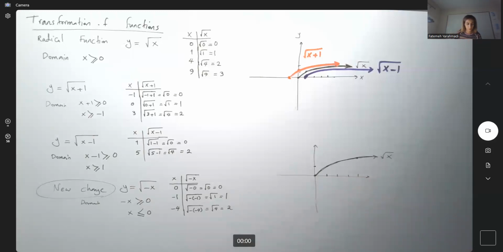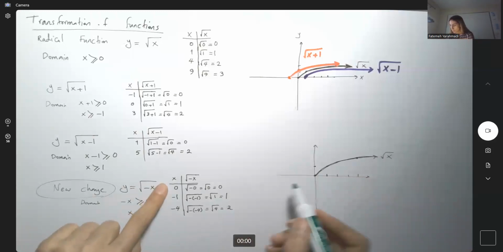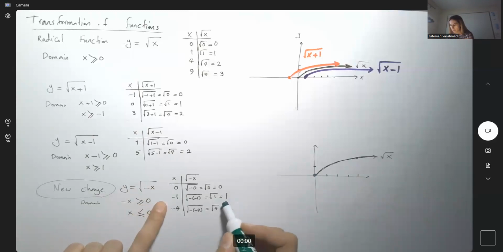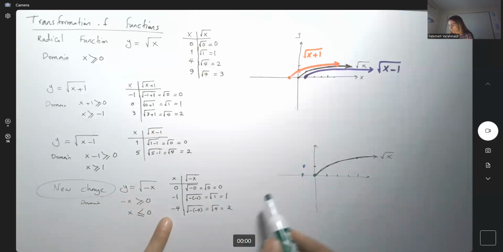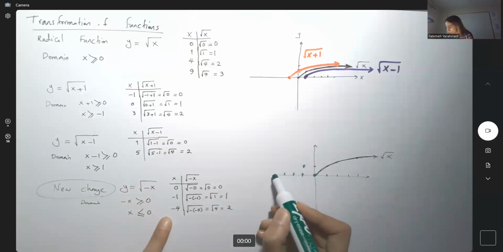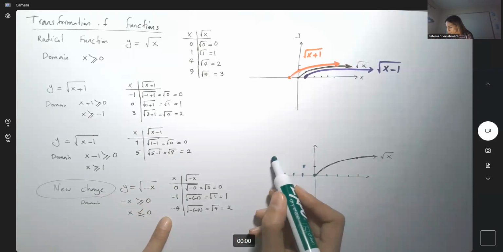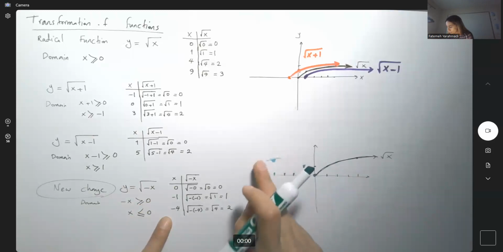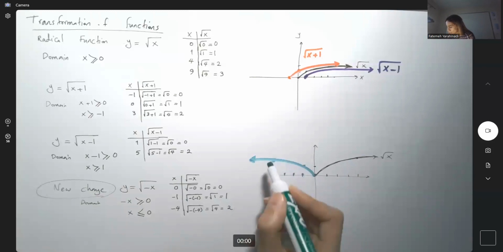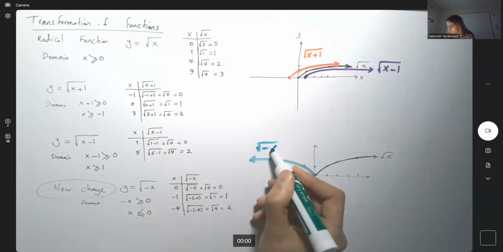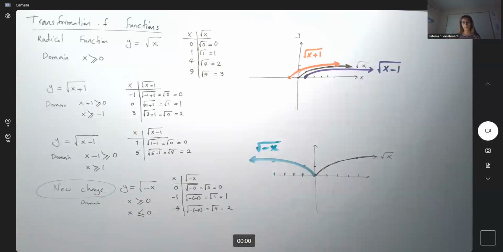And now at 0, I have 0. At negative 1, I have 1. At negative 4, I have 2. Negative 2, negative 3, negative 4, I have 2 here. So if I connect these dots together, this is the behavior of square root of minus x.